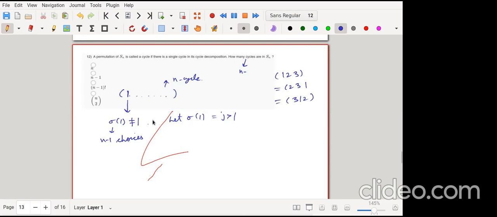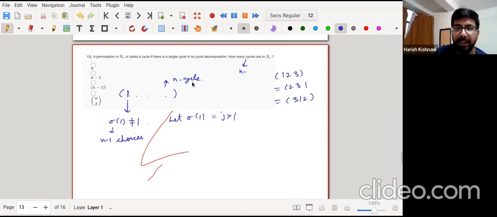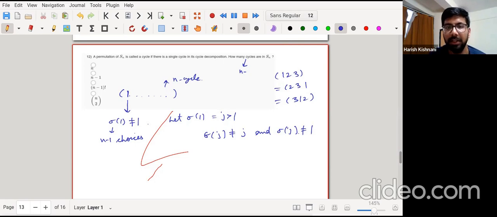Now 1 has to be mapped somewhere else if it's an n cycle, so it has to be something greater than 1. Now sigma of j cannot be equal to j first of all, because it will terminate the cycle, and sigma of j cannot be equal to 1 also, because then 1 maps to j, j maps to 1, the cycle will close here, it won't go till n.